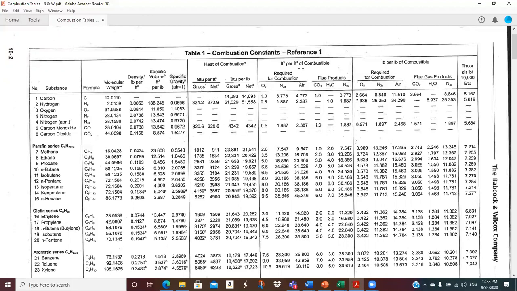So times 1,000, that's 250 million BTUs an hour. But our boiler is not 100% efficient. I'm just going to swag it at 80%, so I'll divide this by 0.8. That's 312.5 million BTUs an hour.